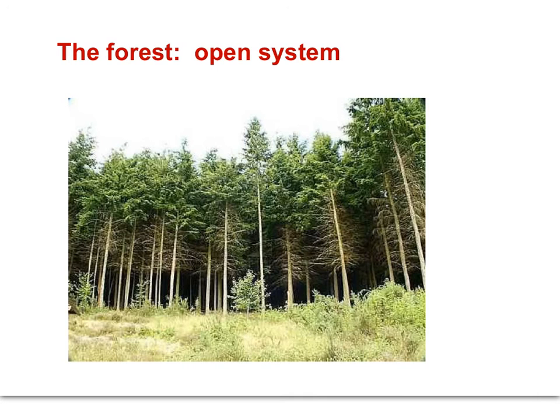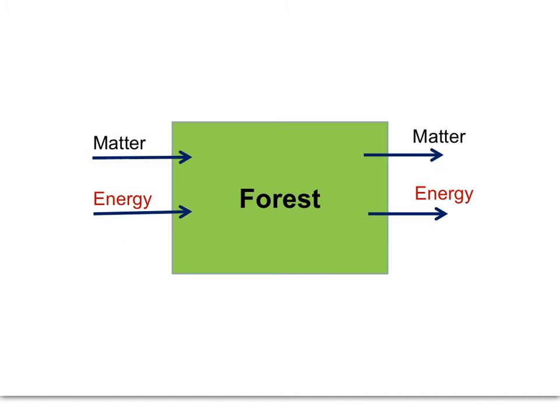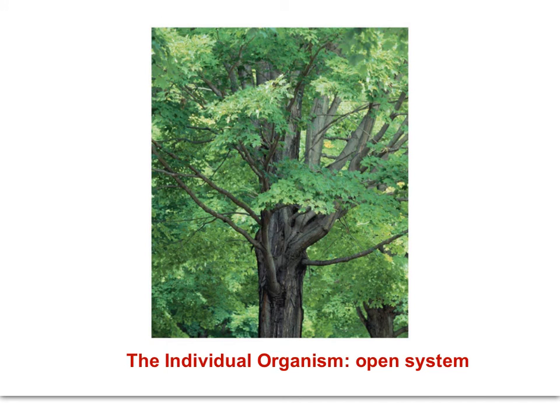A forest is an open system. A forest exchanges both energy in the form of light and energy in the form of heat, and matter in the form of carbon dioxide, and matter in the form of water or oxygen. A forest is an open system as matter and energy cross its boundary. A tree is a smaller system than a biome, but a tree is an open system.